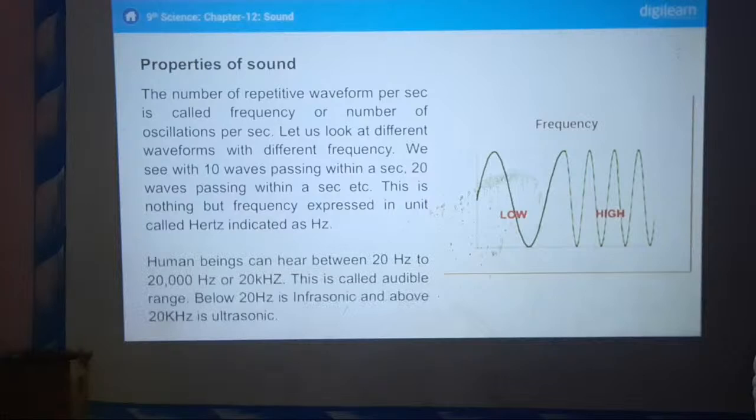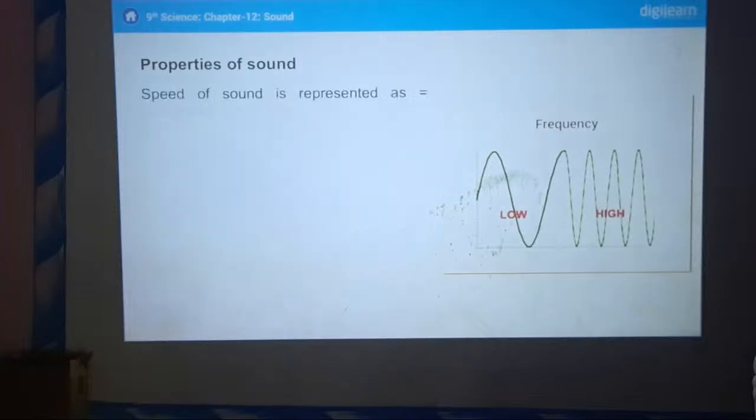Human beings can hear between 20 Hz to 20,000 Hz or 20 kilohertz. This is called audible range. Below 20 Hz is infrasonic and above 20 kilohertz is ultrasonic. Speed of sound is represented as wavelength into frequency.